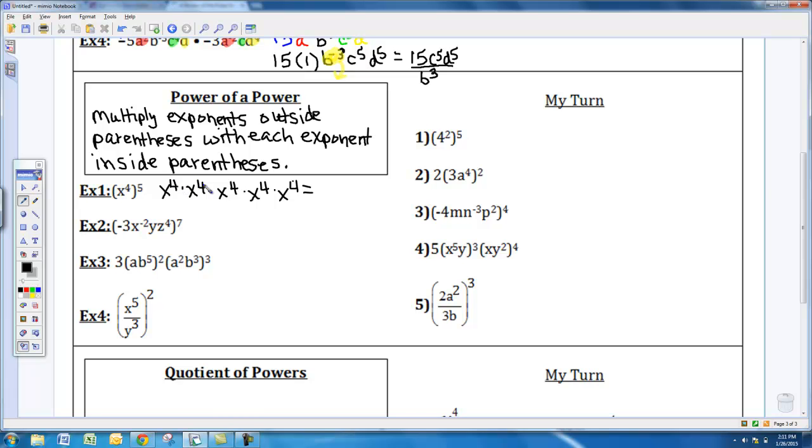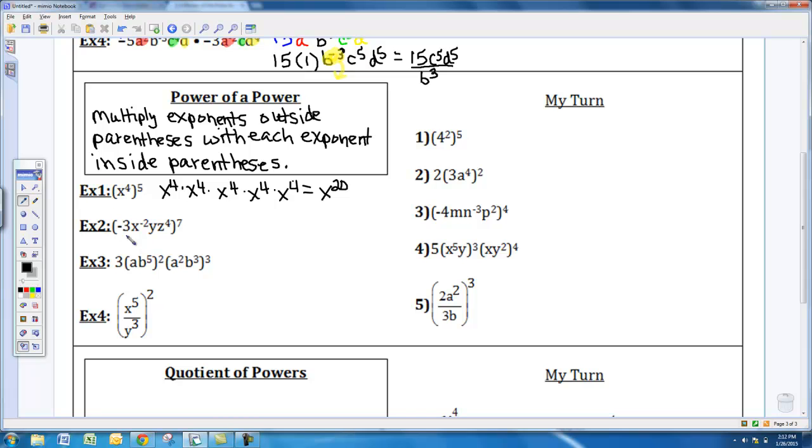So 4 plus 4 plus 4 plus 4 plus 4 equals 20. A shorter way of doing that is to take 4 and multiply it by 5 to get our new exponent. So when you see an exponential expression raised to a power, you are going to multiply the exponent outside the parentheses with every exponent inside the parentheses.